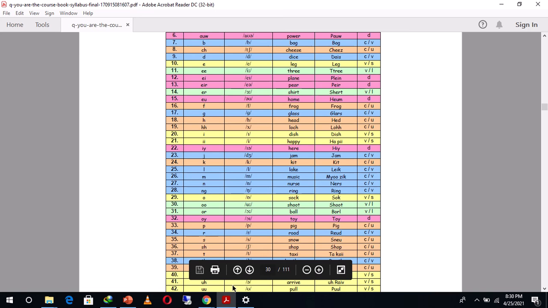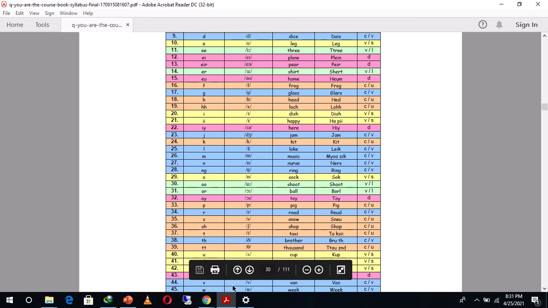There's a difference between ball and sock as well, because sock is a short O, but ball is a long one. Anyways, there is number 32, and that is oi, like toy. That would also be from your diphthongs, like toy.